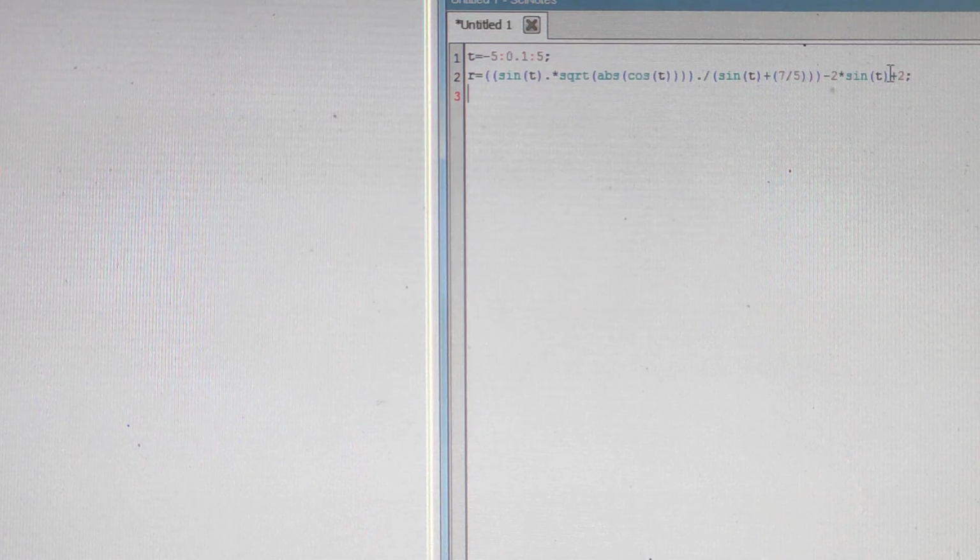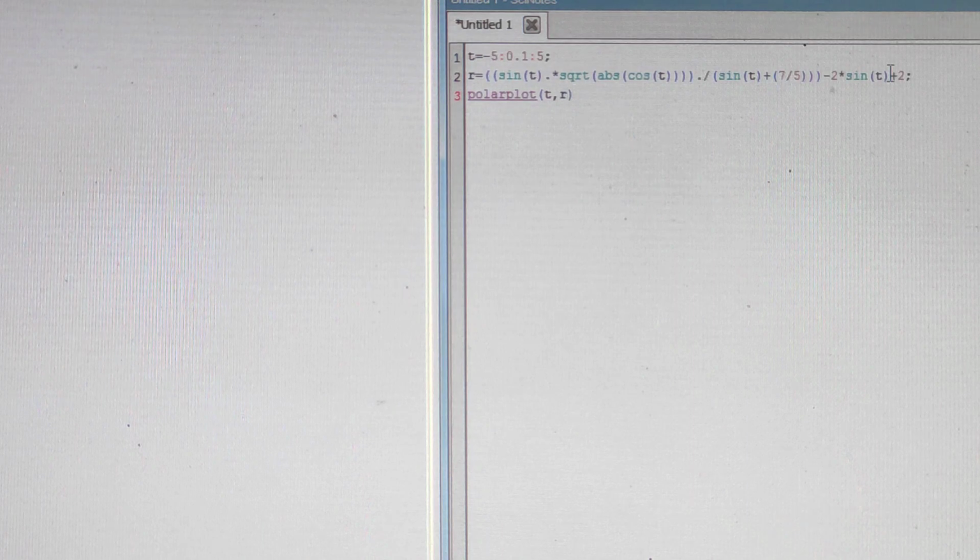Then you have to plot, PLOT, plot, polar plot, TR. You should write TR, not RT. TR, because first of all you have to give T, then R, then T, comma R. Okay.